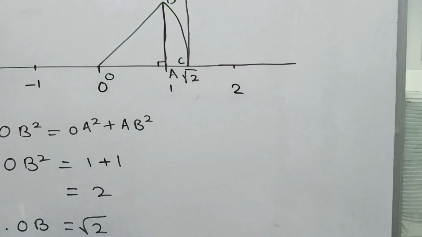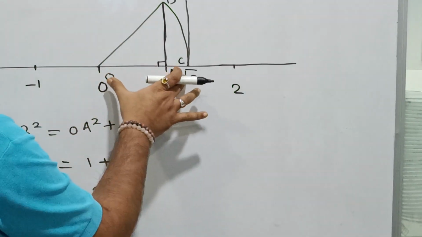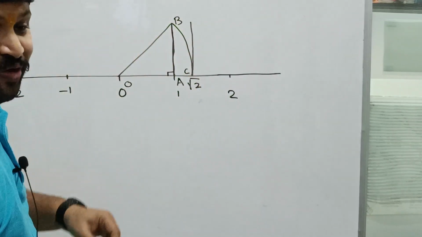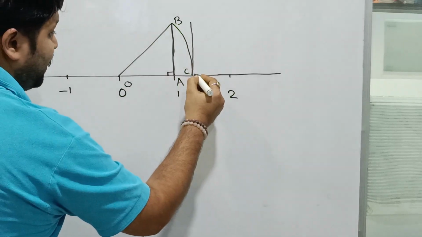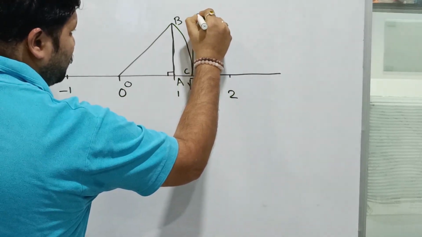Now, in this case, what we would get is root 2 square plus 1 square. Let's call this point D.